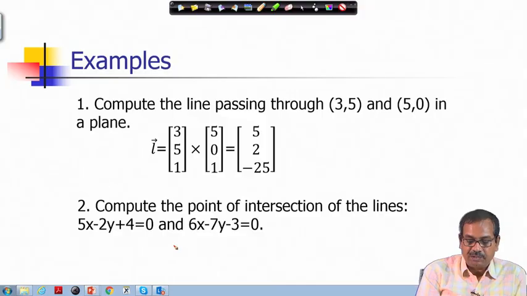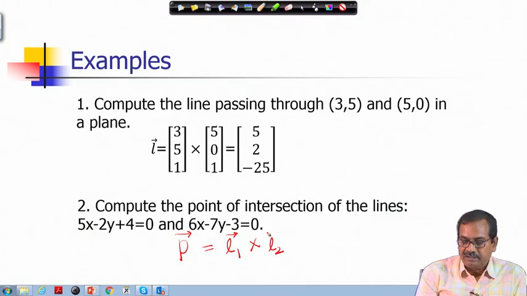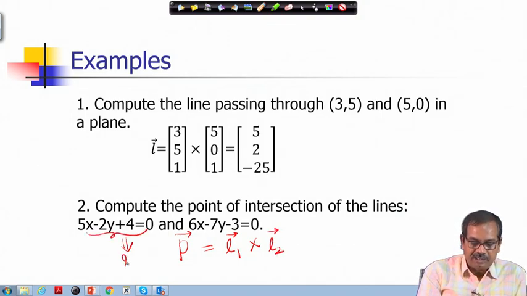The intersection point, say P, would be the cross product of these 2 vectors L1 and L2, where this will represent L1. Let us see how we will do it, and this line will represent L2.